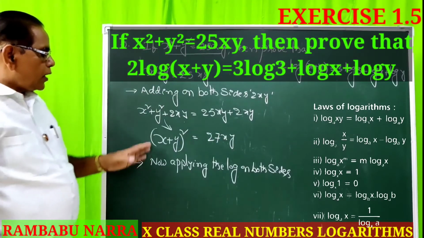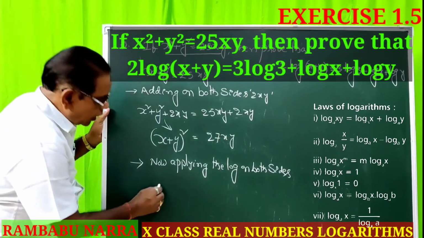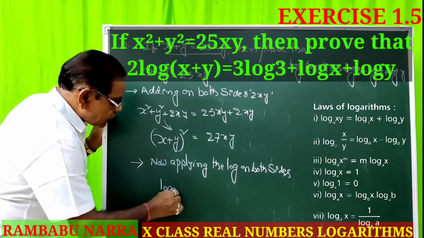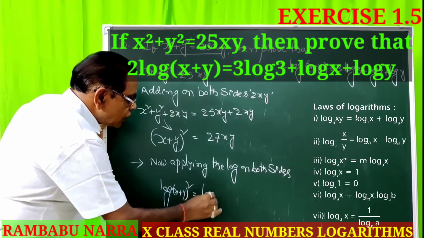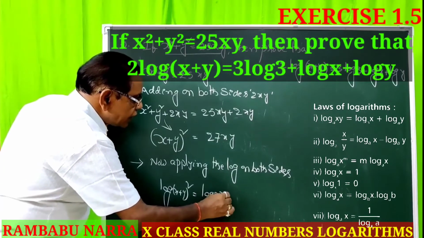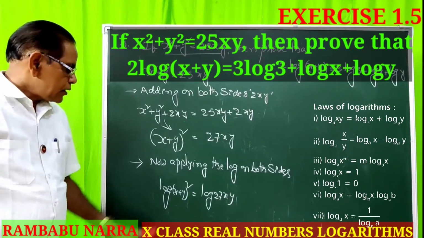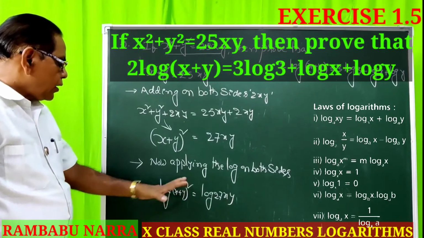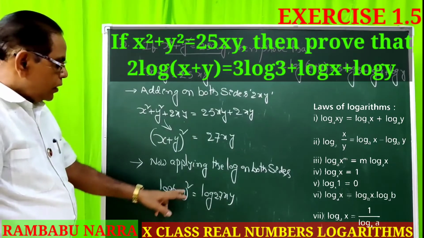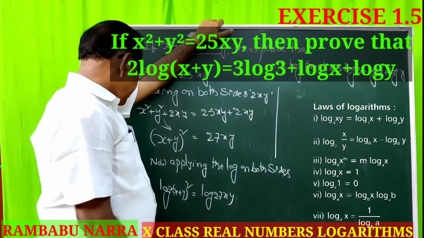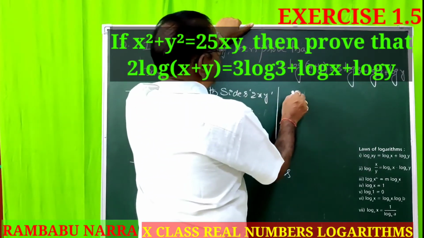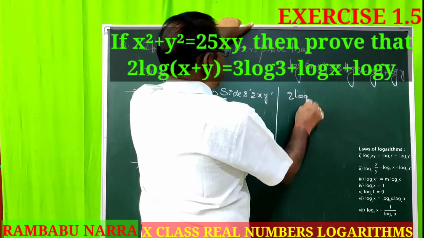Now, applying the log on both sides, log (x plus y) whole square equals log 27xy. The LHS is in the form log a to the power of m equals m log a, so 2 log (x plus y).